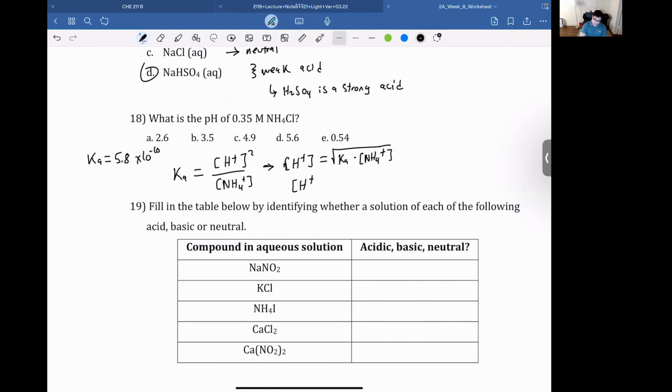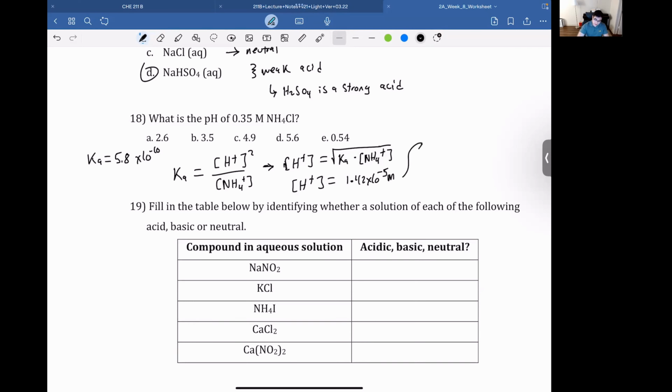All right, so we get H plus from this is equal to the square root of Ka times NH4 plus, by algebra. 0.035. So when you plug it in, you get 2.03. Oops, no, you don't. I didn't take the square root. We get 1.42 times 10 to the negative fifth molar.